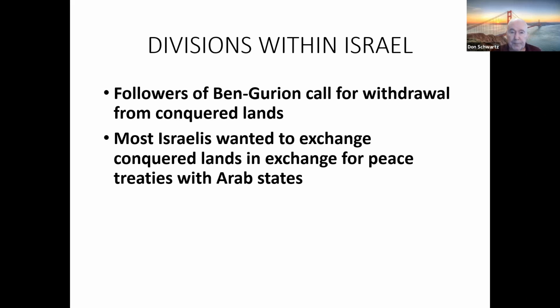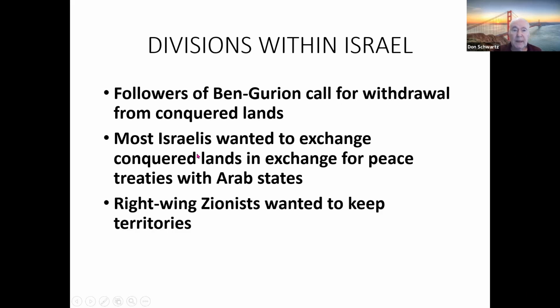But a third group, the right wing of the Zionist movement, considered the expanded frontiers essential for Israel's future security. And so they wanted to keep and annex the occupied territories.